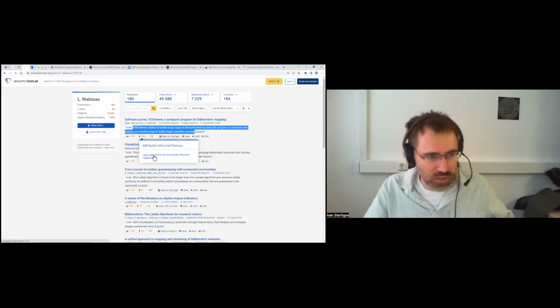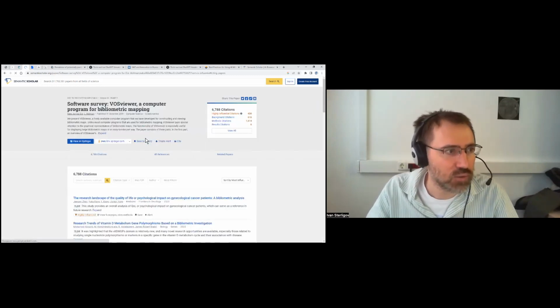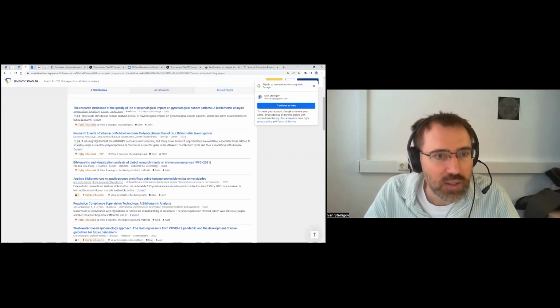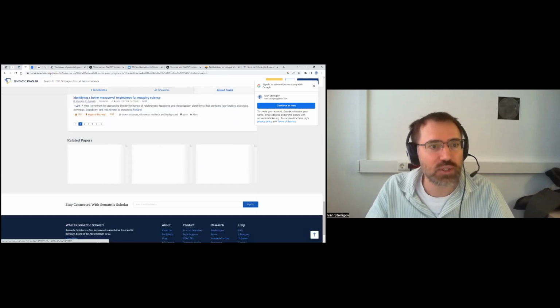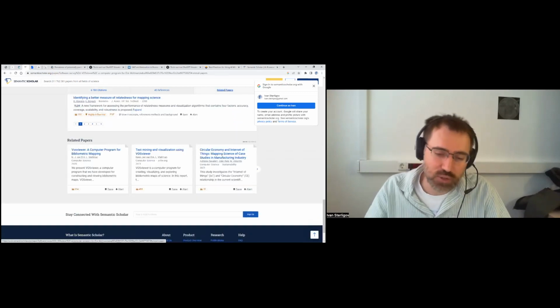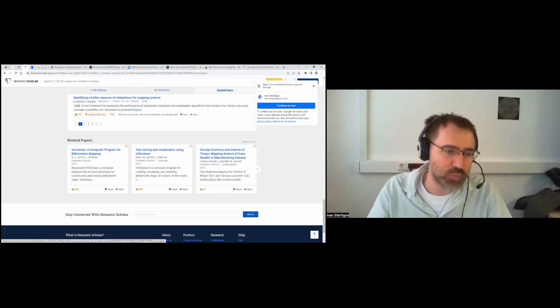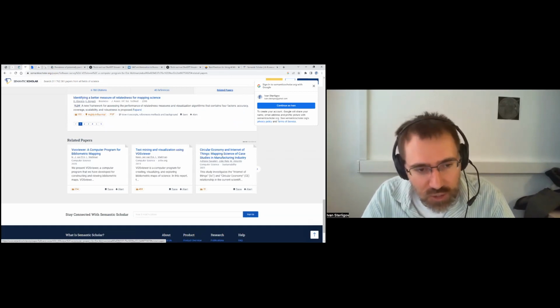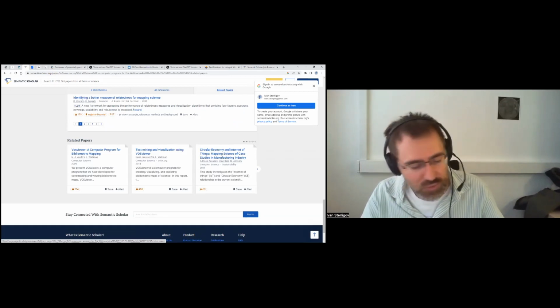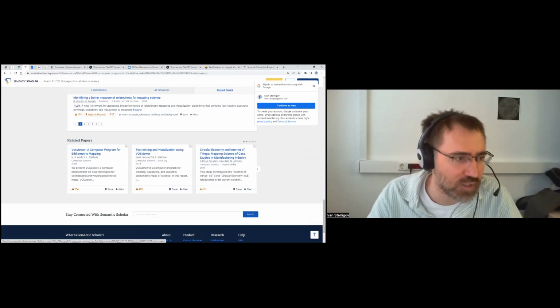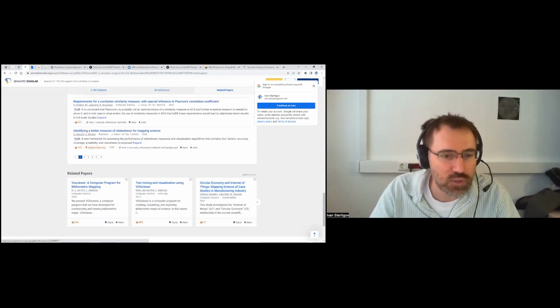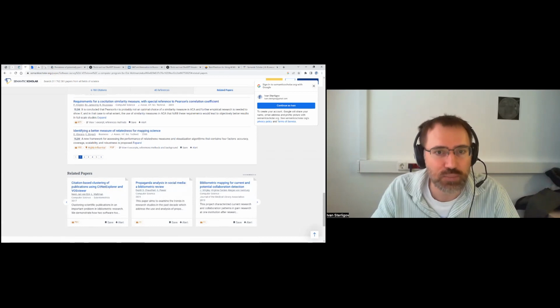These citations we can also explore here. Also, it suggests related papers, not connected with our papers by direct citation links, but related using some text measures, text similarity, and so on. Also a nice tool.